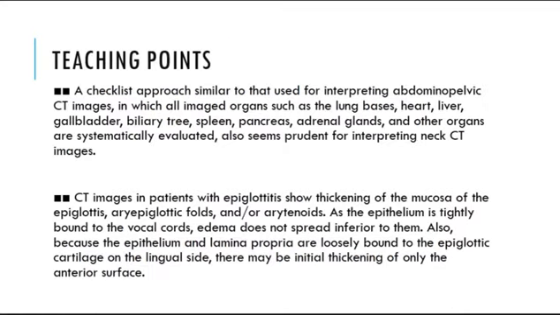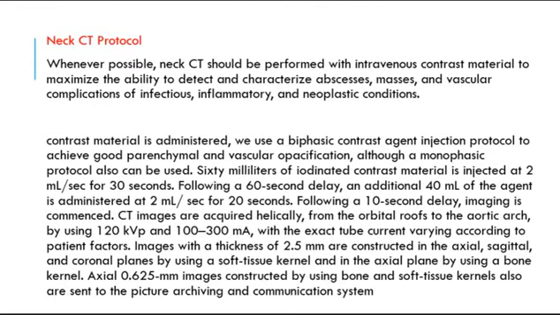As we know, we have a checklist also for abdominopelvic examinations, and this checklist for the neck CT protocol is the same. For example, in the abdomen we should see the organs, the vascularity, the pelvis, and all other areas. The same in the neck: as we said, we do the systematic approach, and we start our protocol.